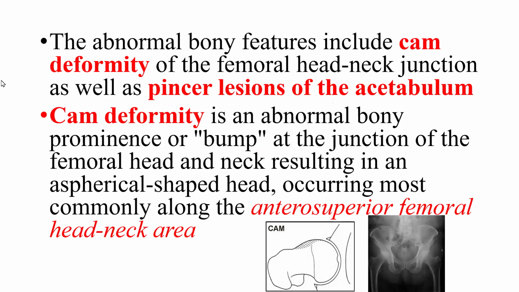is an abnormal bony prominence or bump at the junction of the femoral head and neck, resulting in an aspherical shaped head, occurring most commonly along the antero-superior femoral head-neck junction. You can see this.